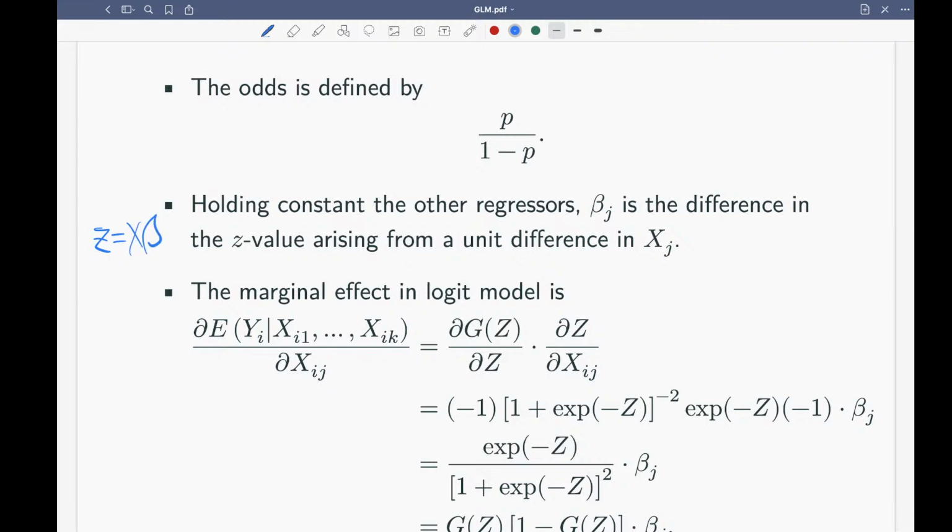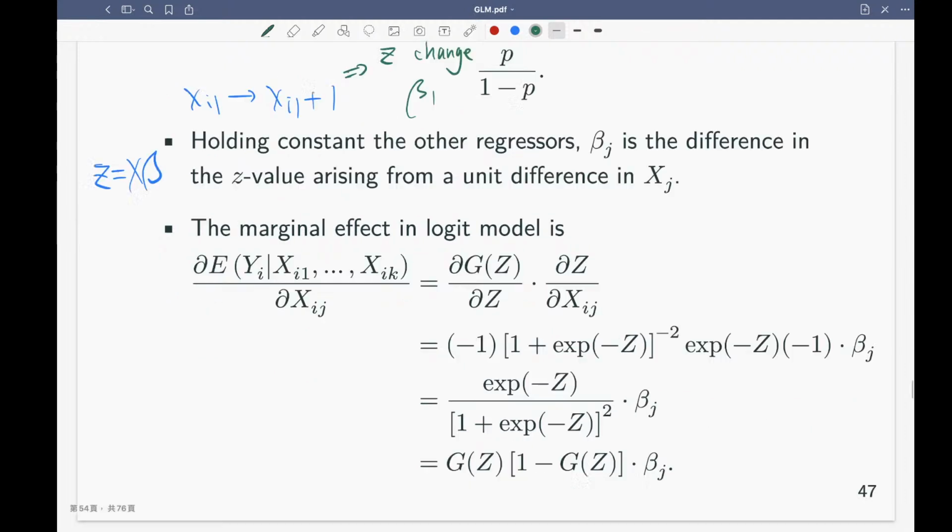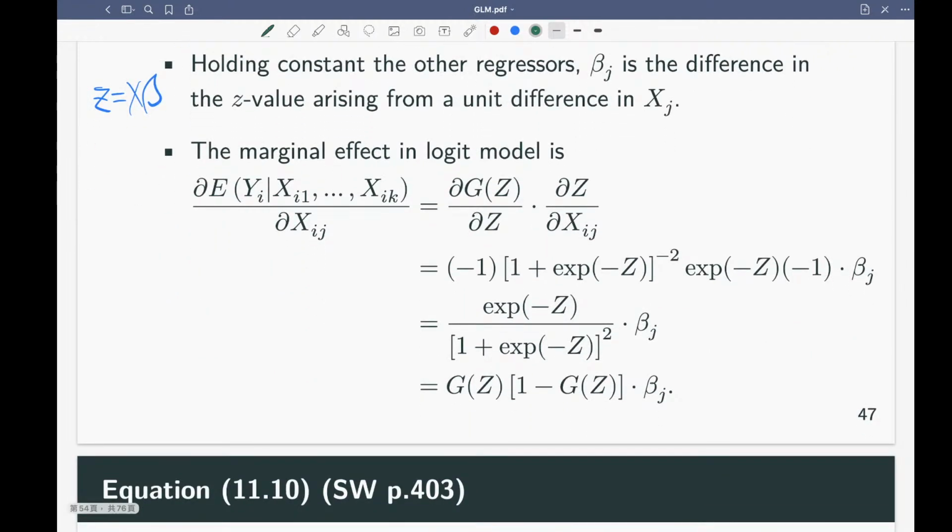So what happens when xi1 changes to xi1 plus 1? The z value changes by beta 1.